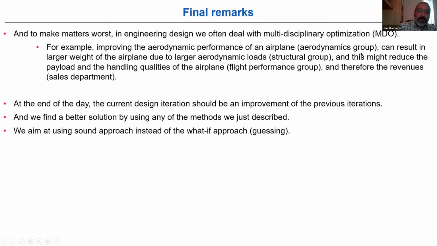And then this might reduce your payload and handle qualities. And then the flight performance group will complain. And then you go to the sales department and that reduces the revenues. Okay, so you have this loop. Okay, and here we have just 4 departments, but it can be very complex. Okay, so this is the problem with multidisciplinary optimization.